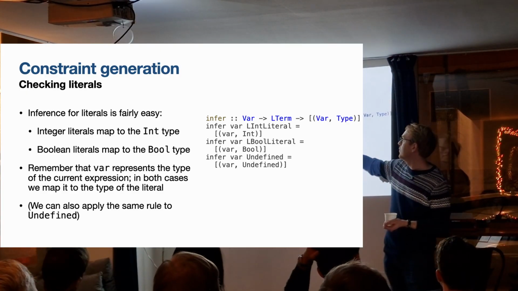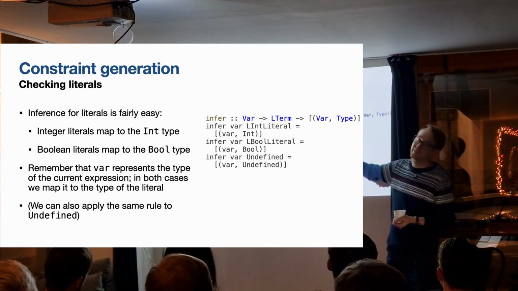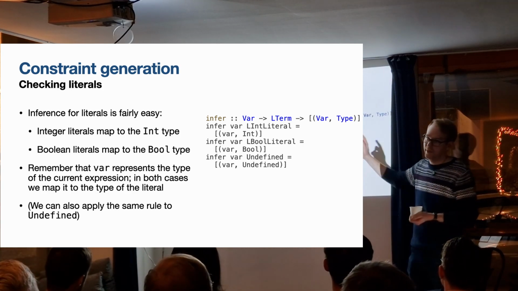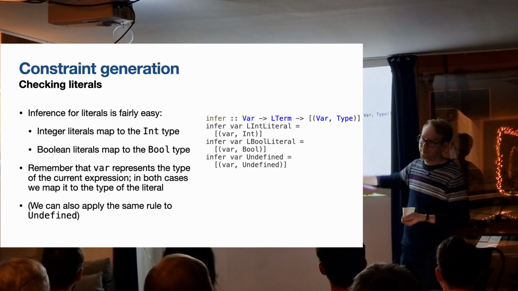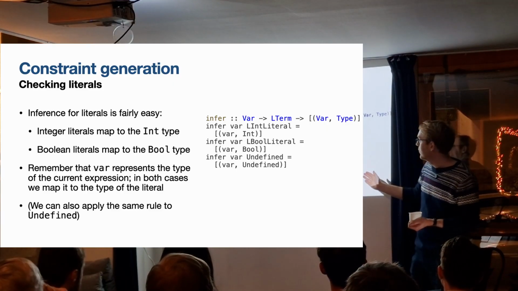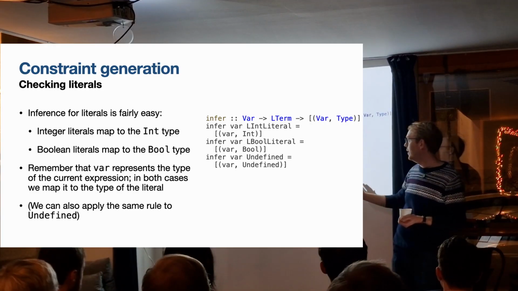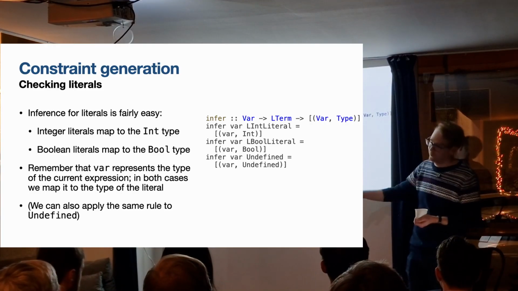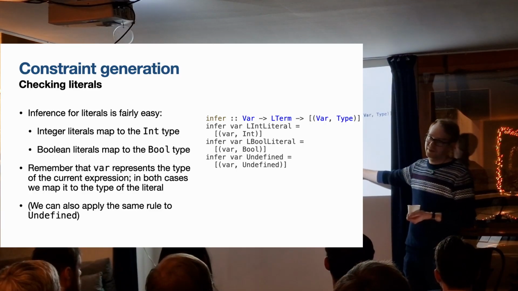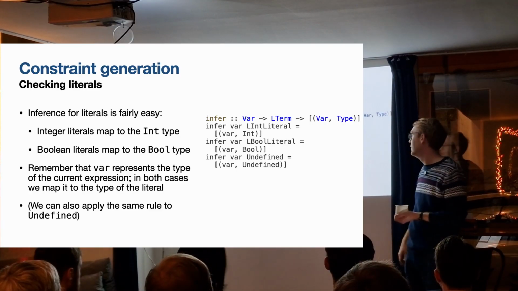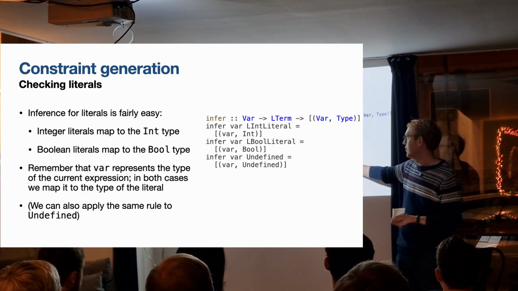So the infer function for literals takes the var and then outputs a pair with the literal and the literal's type. So for int literals, we return a var int pair. For bool literals, we return a var bool pair, etc. And undefined has basically the same rule, we just return undefined.